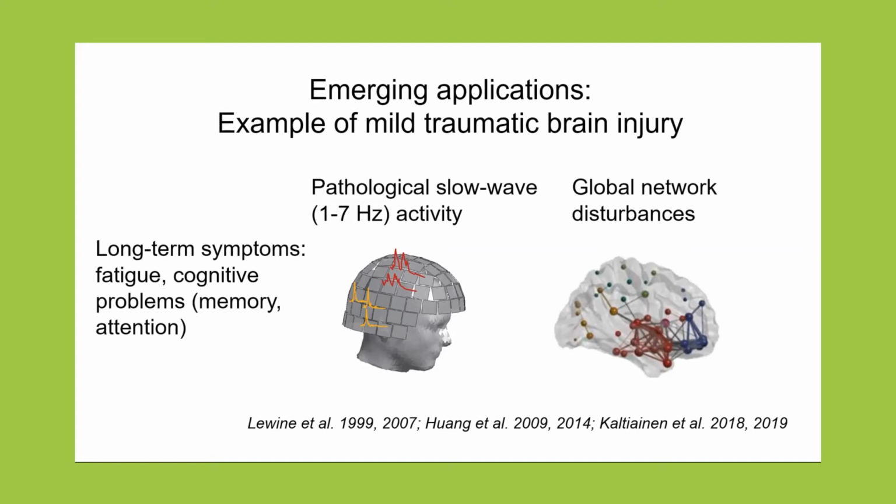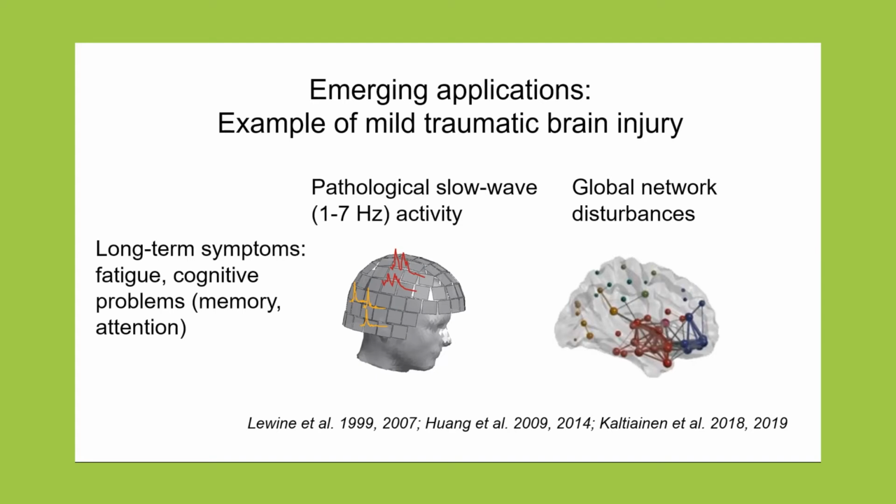So mild traumatic brain injuries are also very common, and we don't have very good diagnostic tools for them in our clinical practice at the moment. In many of these patients, structural imaging with CT or MRI remains negative, and the clinical symptoms in these patients are often very variable and non-specific, like fatigue and different cognitive problems related to memory and attention, for example.